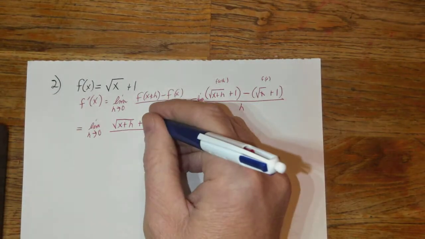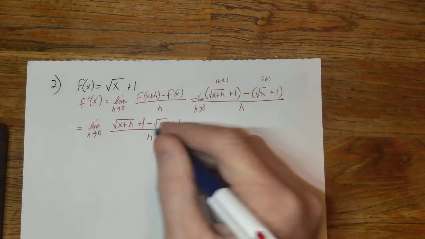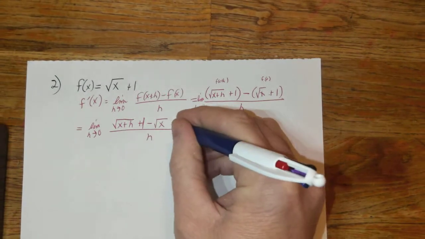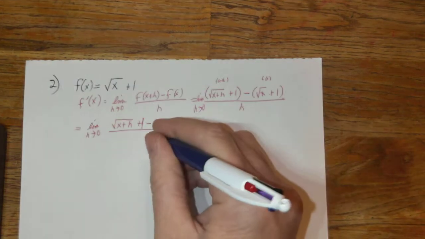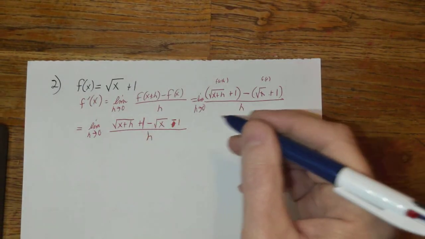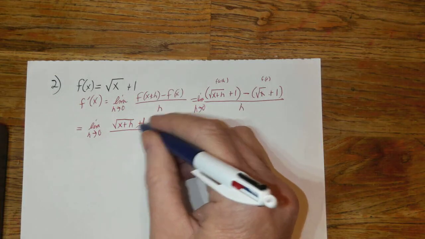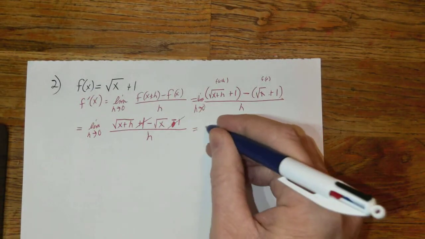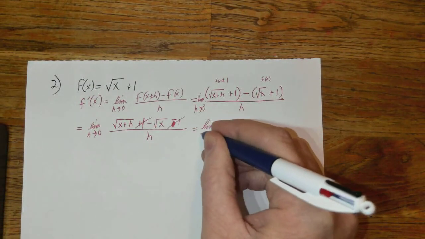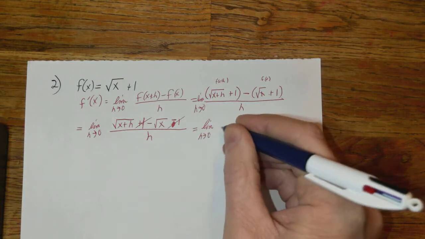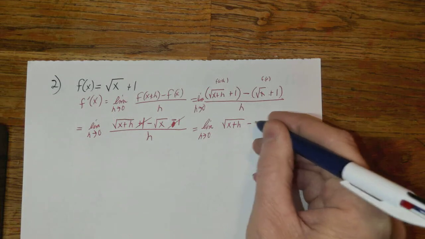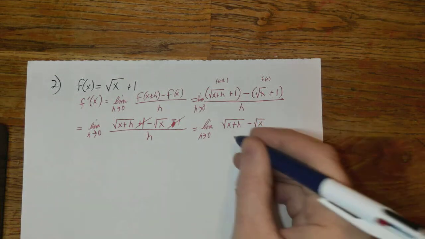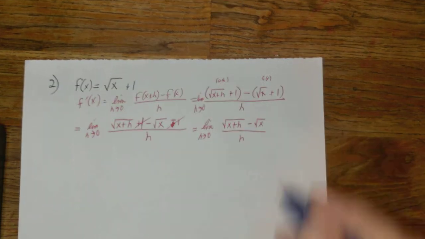Whoops, I forgot to write the plus 1, and then this is a minus, and this also is a minus. Let's keep that good. So that cancels and that cancels. This is the limit as h approaches 0 of the square root of x plus h minus the square root of x, and that's over h.